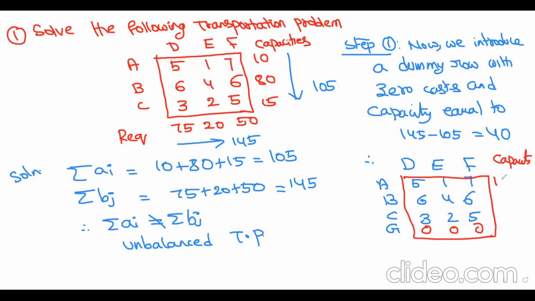The capacities are 10, 18, 15, and this is 40. And here we have 75, 20, 50. So the total on both sides is 145. Therefore, summation Ai is equal to summation Bj, so I call it a balanced transportation problem.